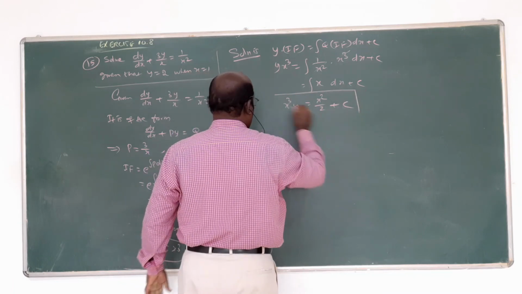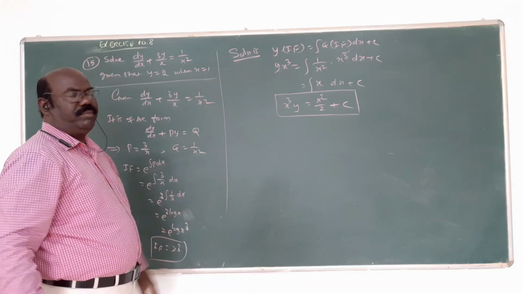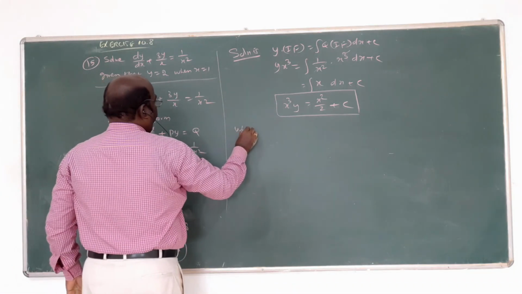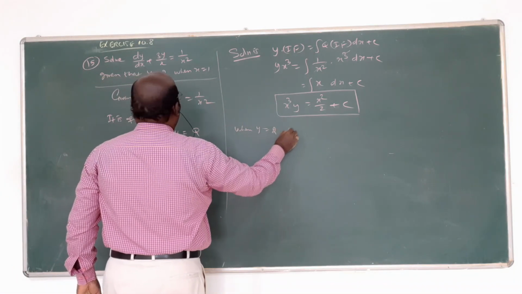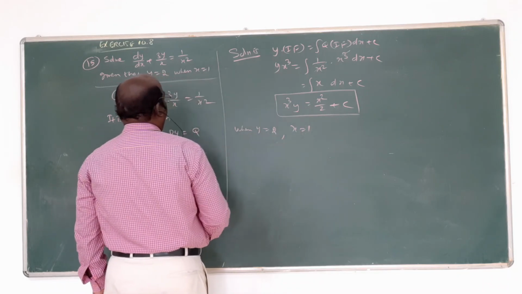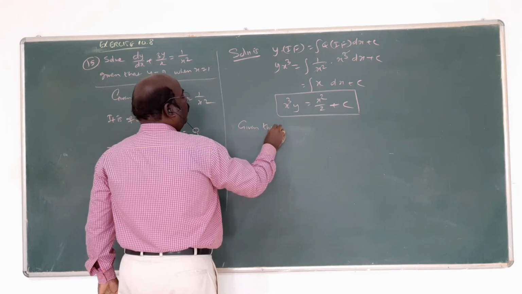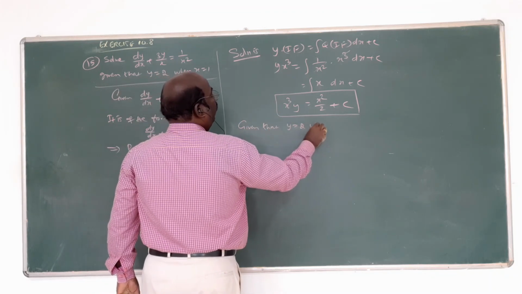This is the solution actually. Suppose this value is not equal to this answer. But you know the value when y equals 2 and x equals 1.